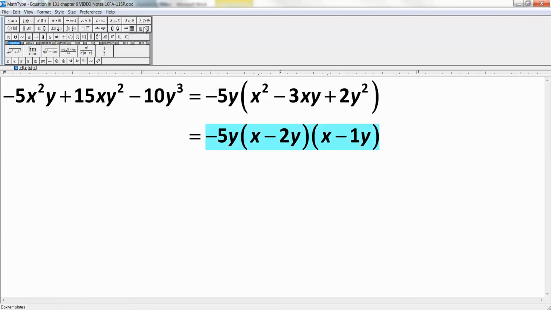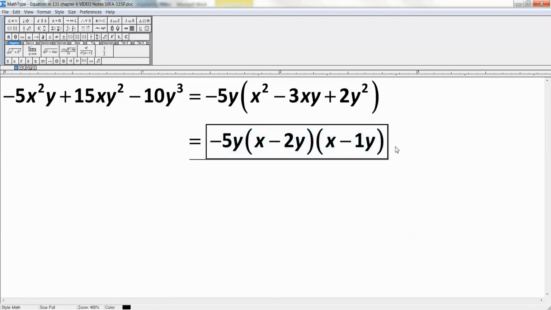And there you go. And just like before, if you don't want to write the 1, that's not the end of the world. If you want to write negative 5y, x minus 2y times x minus y, that's fine. And again, also the order doesn't matter, although we tend to put the y part in front. But those are both perfectly correct.